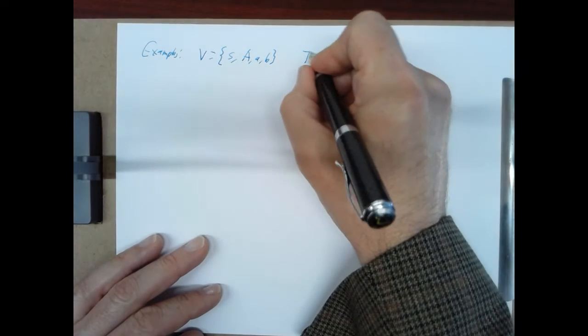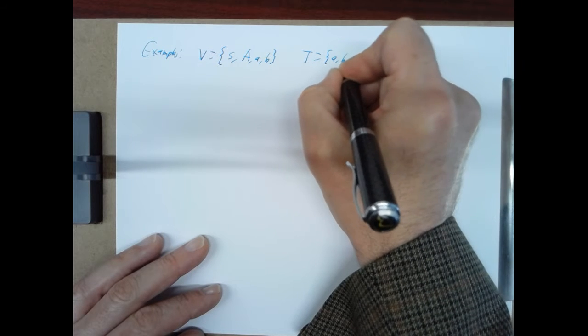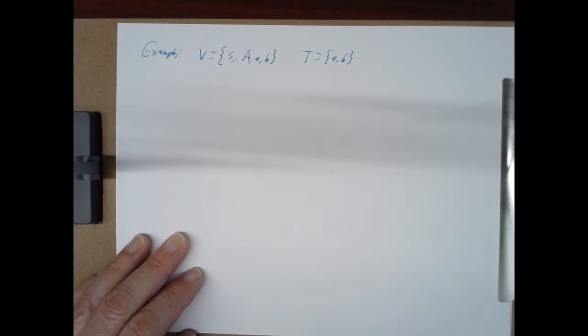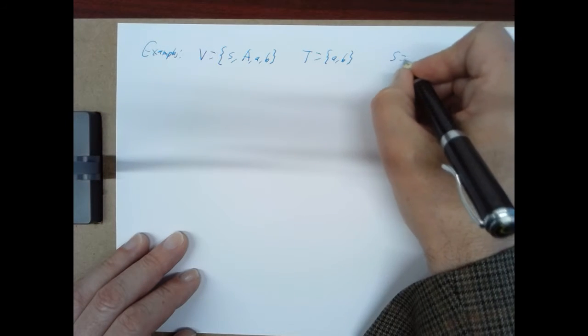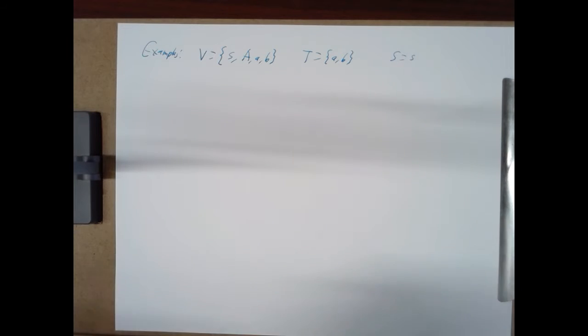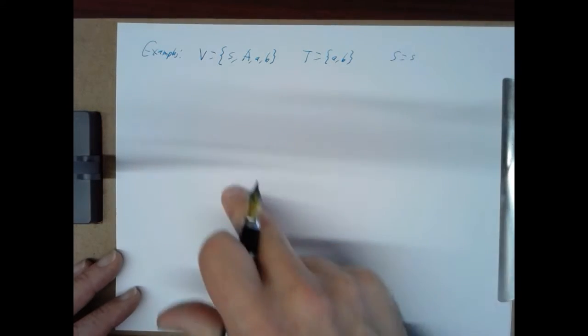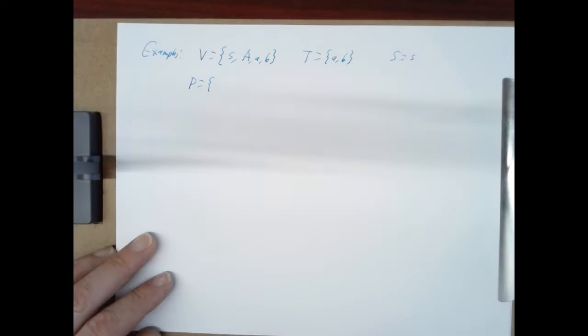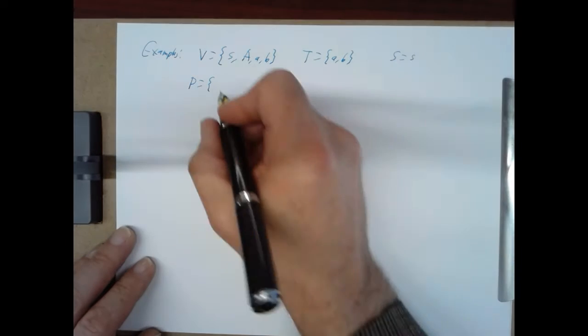Your terminal symbols will usually stick to just lowercase letters for our terminals, just to make it easier. Our start symbol is pretty much always going to be little s, so we don't have to worry about that. So it's mostly going to be a question of what's in our vocabulary and what are our production rules. So our production rules for this case are the following.